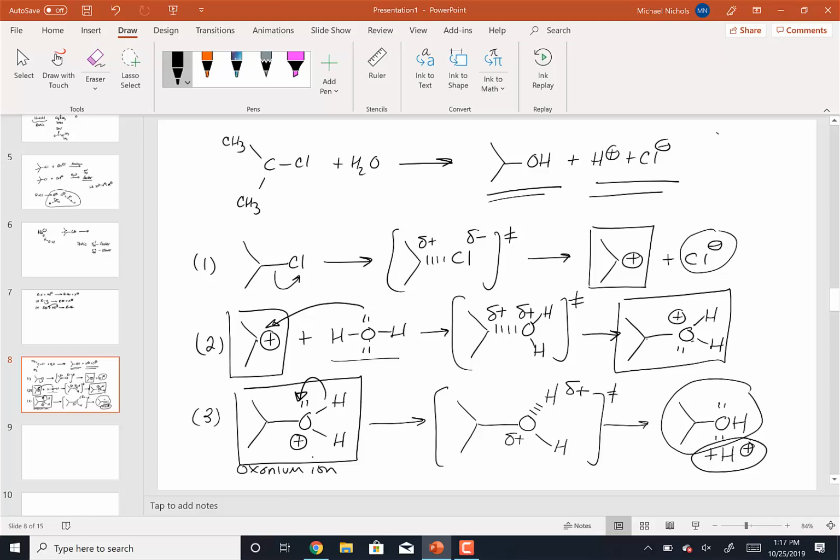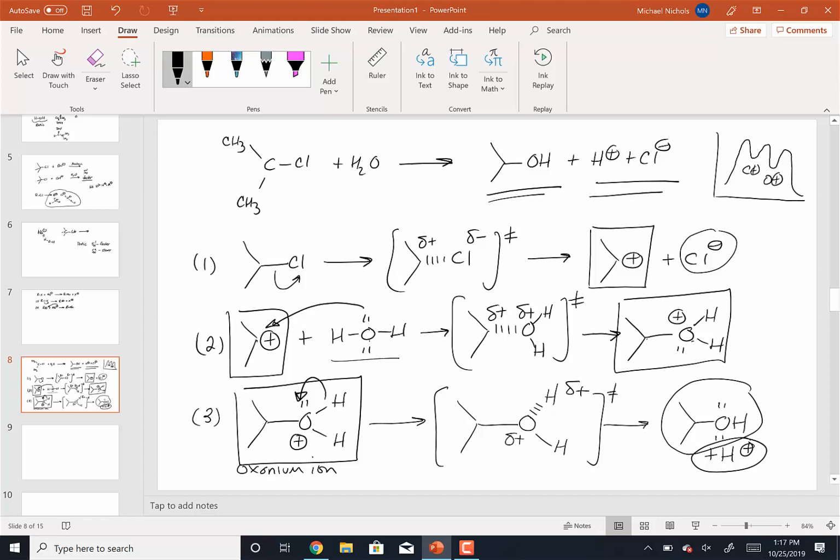So just writing its reaction coordinate diagram, you would have transition state, carbocation, transition state, oxonium ion, transition state, final product. This is your C plus, this is your O plus. So it is a triple humped energy diagram. Three transition states, two intermediates.